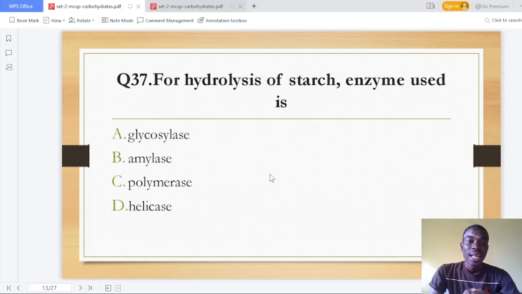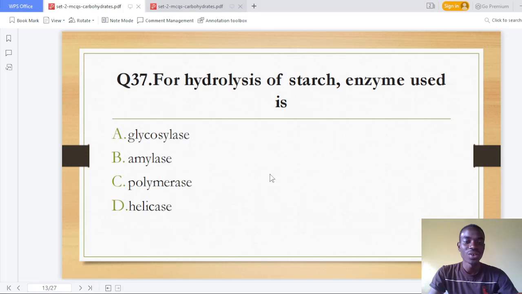So that's the enzyme that is required for hydrolysis of starch. And just the fact that it's the enzyme that really works on starch in the mouth. So, well, I knew just how to answer that question.